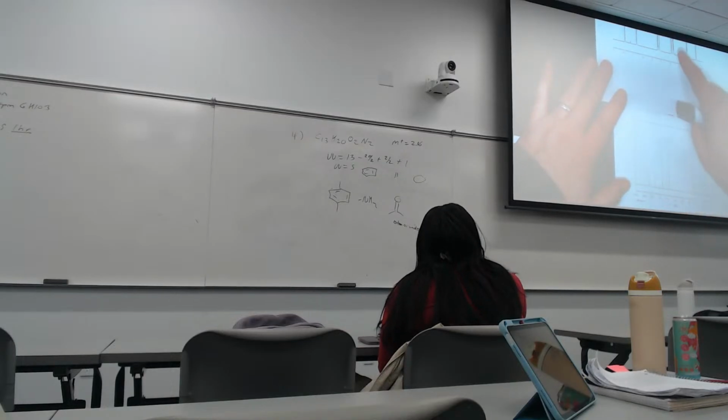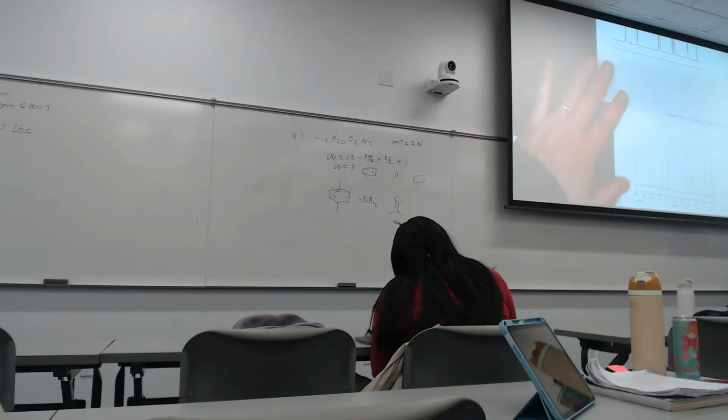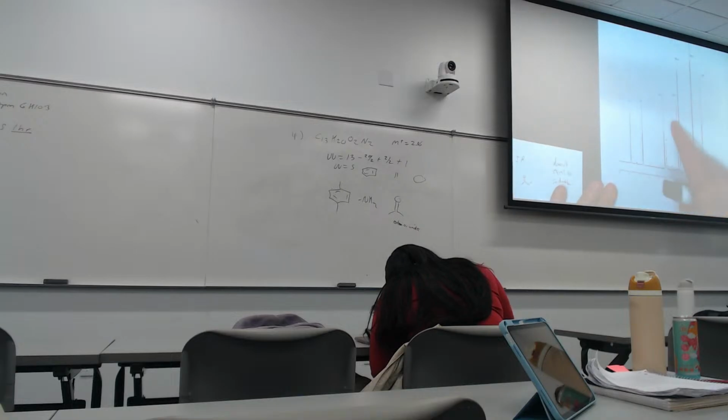Okay, so we have a 2H, 2H, 4H, 6H. Let's double check. So what does that tell us we have?